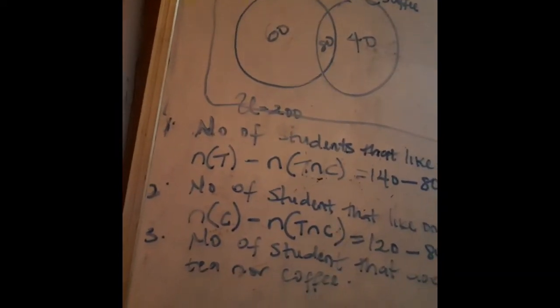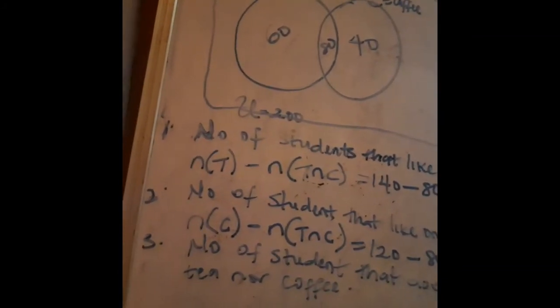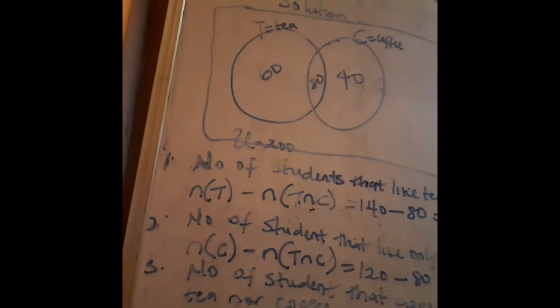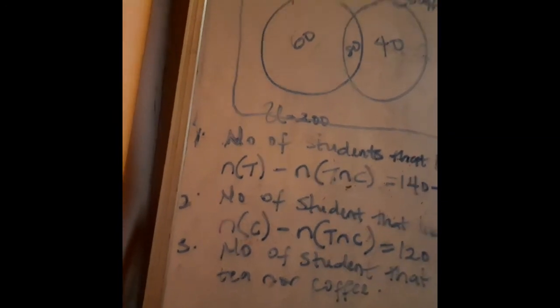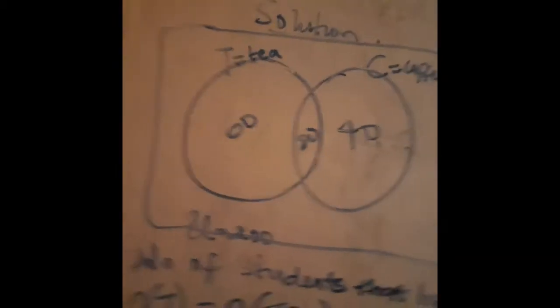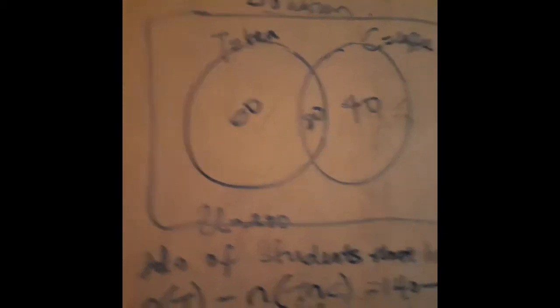So from here, I told you our universal set is 200, and those that like tea only is 60. Those that like coffee only is 40, and those that like the intersection of both, that is tea and coffee, is 80. So we want to get the number of students that don't like both tea and coffee.